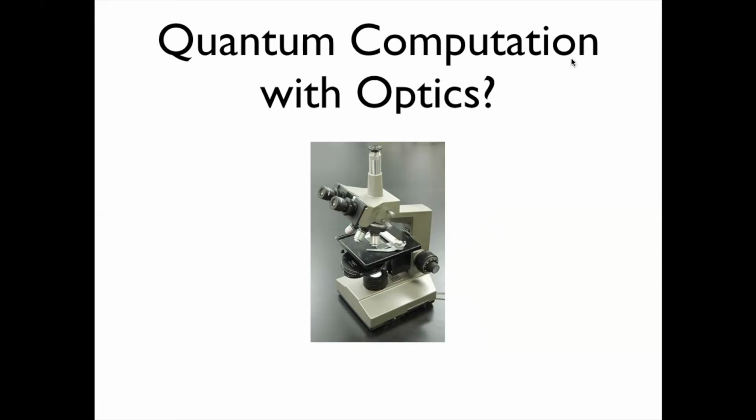So what can we do? The first question was, what can we learn from the analogy between optics and quantum mechanics? And one thing I learned is, well, it has a lot of structural similarities. We can use the Dirac formalism.